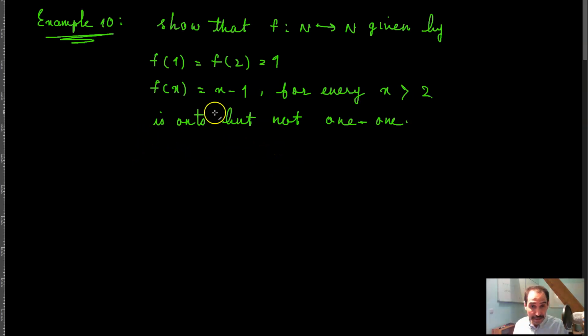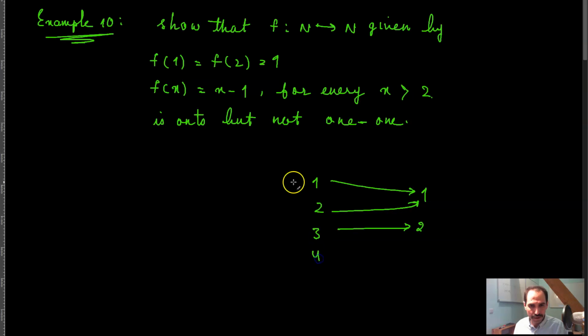So what that means is that, we are working with the set of natural numbers, so 1 is mapped to 1, 2 is also mapped to 1, and then for example 3, which is some x greater than 2, is mapped to x minus 1, which would be 3 minus 1 is equal to 2, right? And then 4 is again mapped to x minus 1, which means that it's mapped to 3. 5 is mapped to 4, and so on and so forth, right?